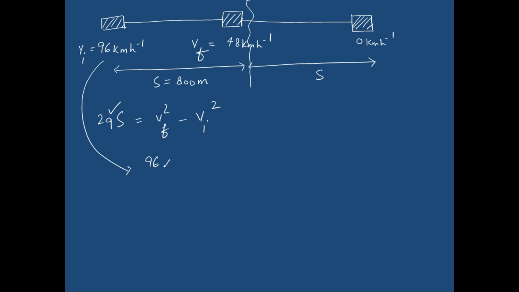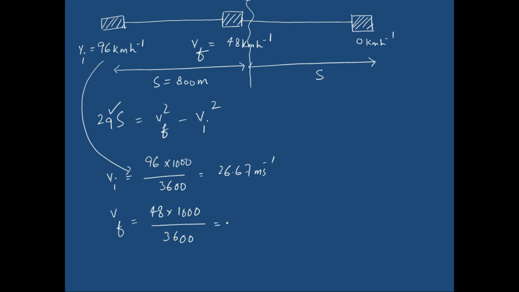To convert, 96 multiplied by 1000 and divided by 3600. This is our initial velocity in meters per second. Similarly, we calculate the final velocity: 48 multiplied by 1000, divided by 3600, which is 13.33 meters per second.